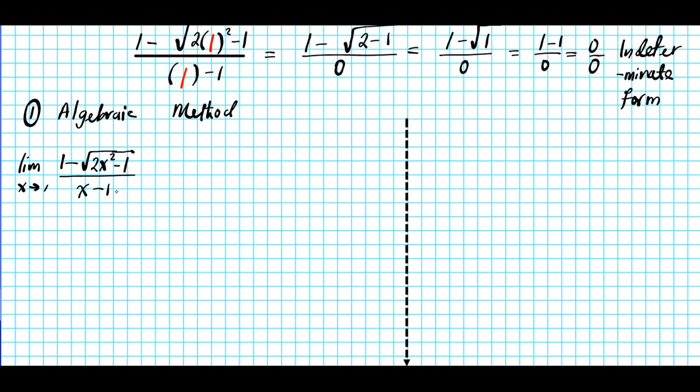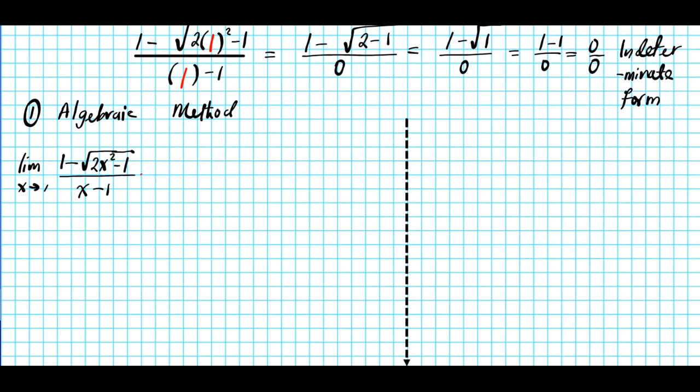You can either factor or expand, but in this case we have a radical situation here. Anytime you have a radical component and it's of an indeterminate form, you want to rationalize the radical component. The radical component is the numerator here, so we will be rationalizing the numerator.